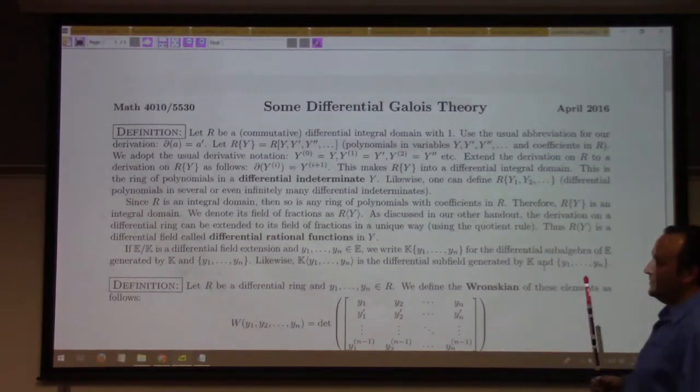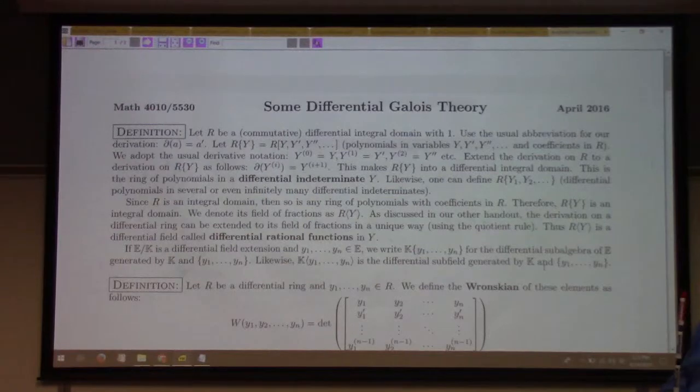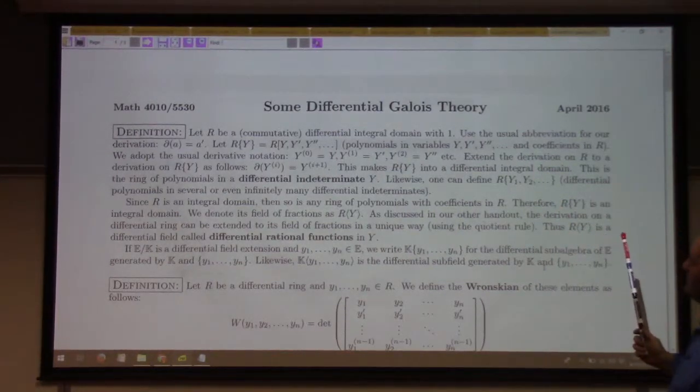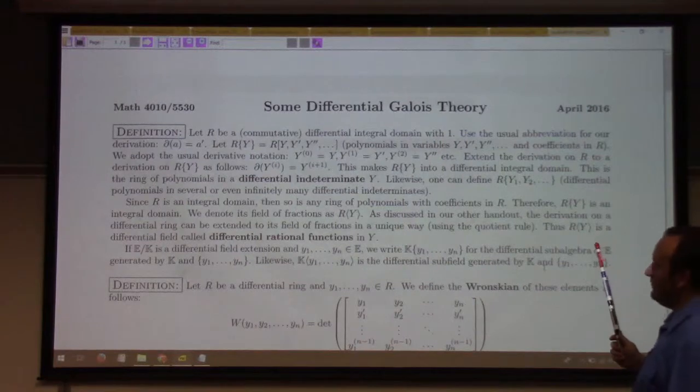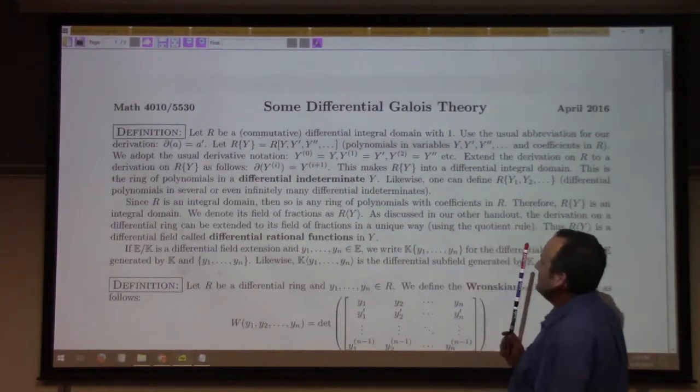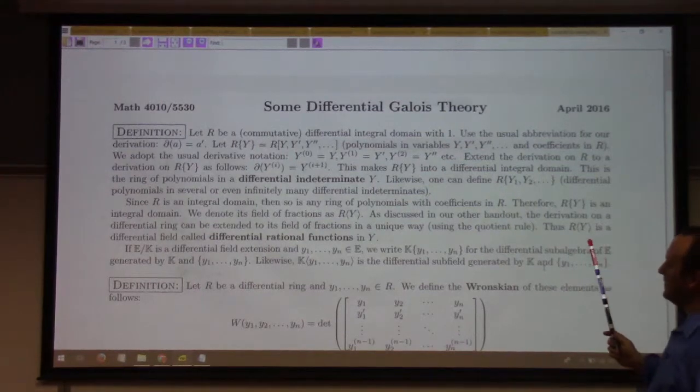Formally speaking, there really is no relation between y and y prime at the level of this algebra. But that said, the way that the derivative works on these formal polynomials is a formal mockery of how differentiation works.